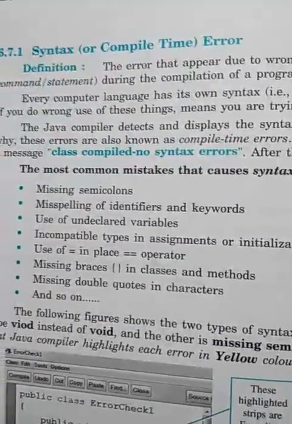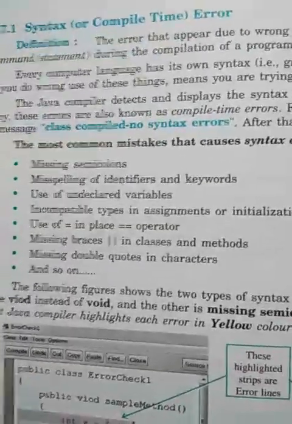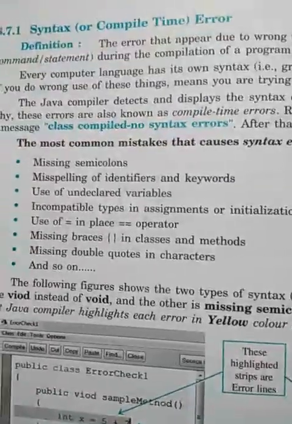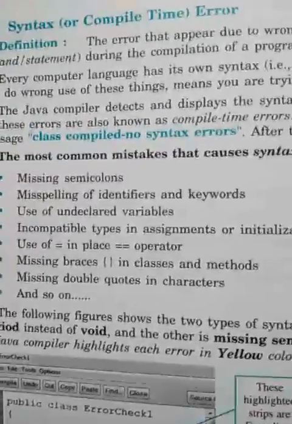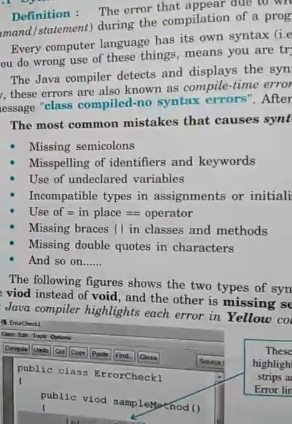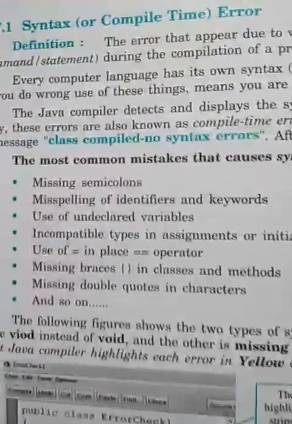When we compile our program and errors are shown on the screen, that is called a compile error. All grammatical mistakes in typing are compile errors, such as a missing semicolon, inverted commas not properly closed, parenthesis not properly closed, or a missing bracket. All these come under the syntax error.